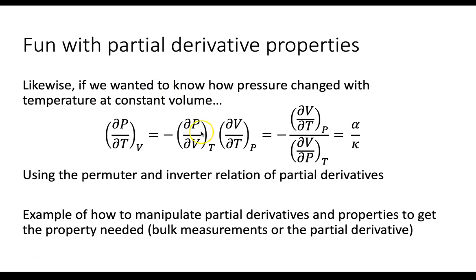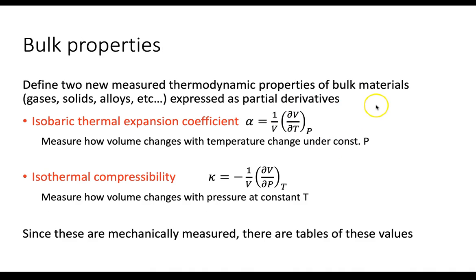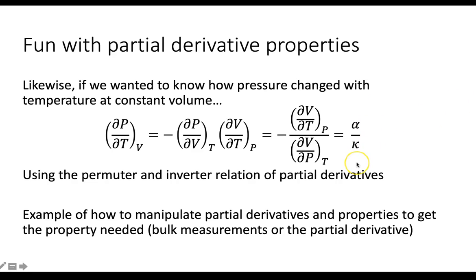So we introduced that partial derivative, and then we can use the permuter relation of partial derivatives in the second part of this equation, where it divides out into these two partial derivatives, and then we can invert one of them using the inverter relation. If you substitute in our previous two quantities, the 1 over V's cancel, the minus cancels, and we're left with alpha over kappa.